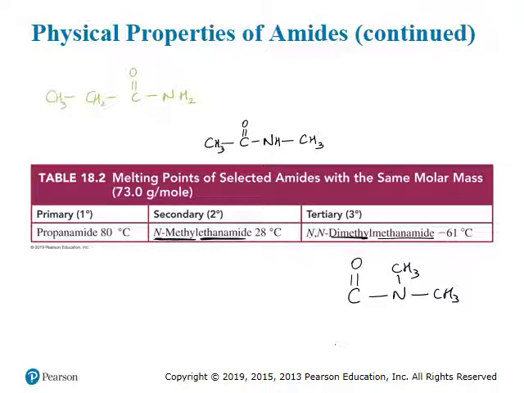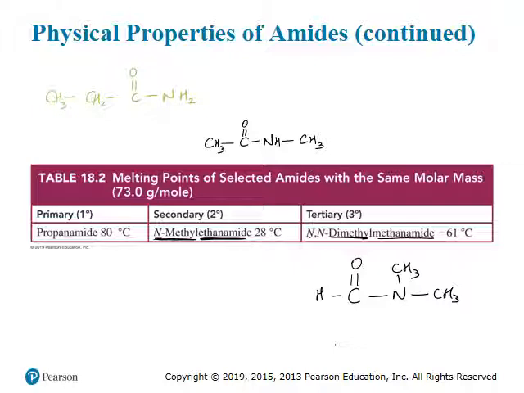So I already added the hydrogens. Does nitrogen need any more hydrogen? No. Does this carbon need 1 more hydrogen? Yes. So it would be this. Okay. Now this is a tertiary amide. When you're looking for tertiary, you're looking for the number of carbons that are bonded to nitrogen.